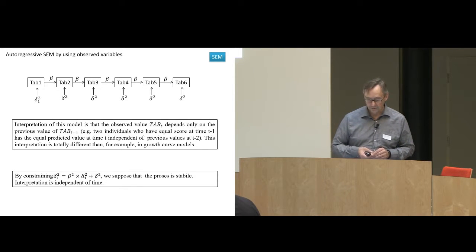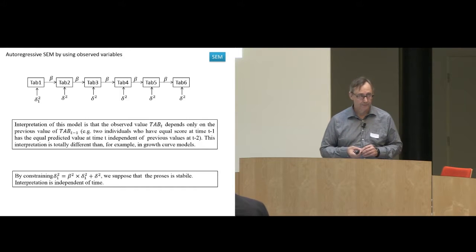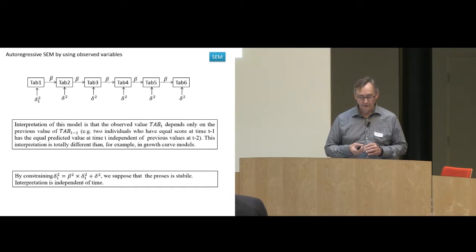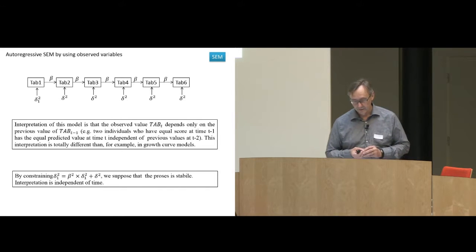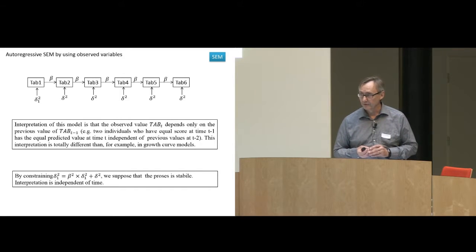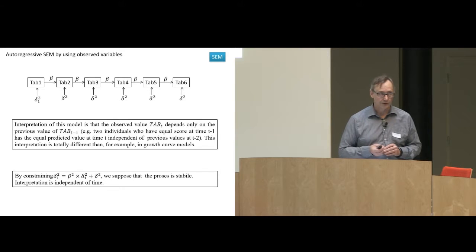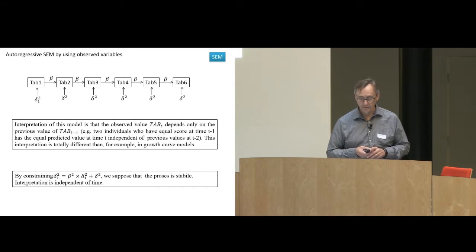What is important is the interpretation of this model. Using this kind of model, you think that the observed value at time t depends only on the previous value of that variable.